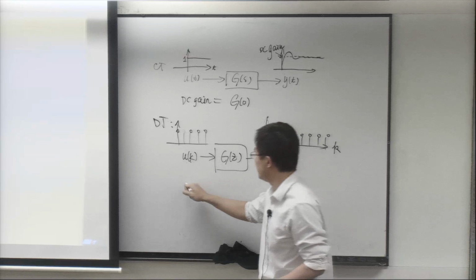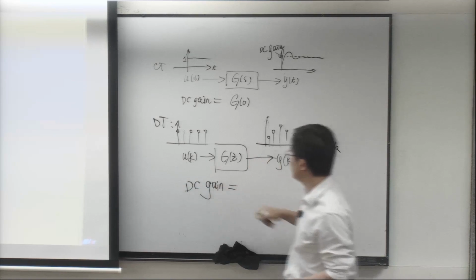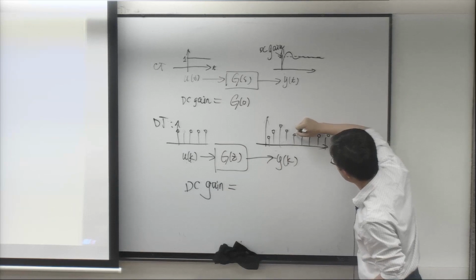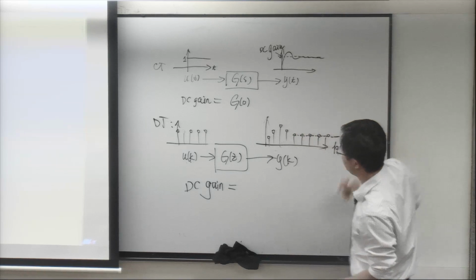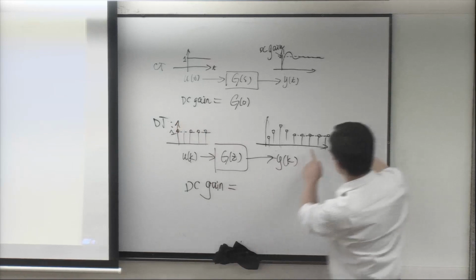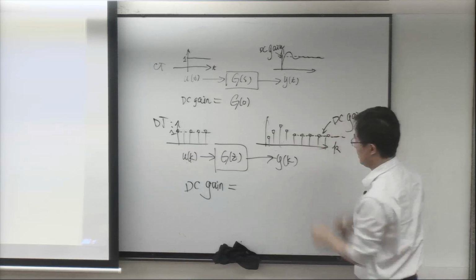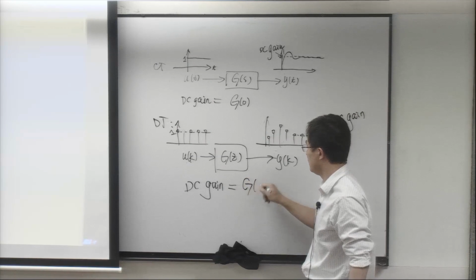So the DC gain, the main message: DC gain equals, which is what happens here. If z is 1, then this value is the DC gain, and it equals G(1).